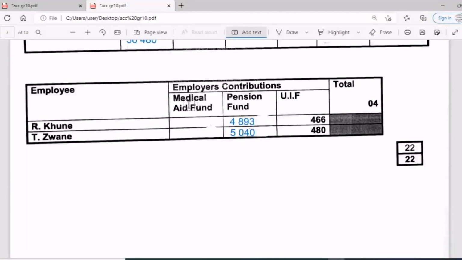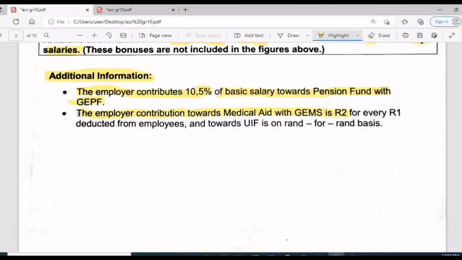Now we're gonna calculate the medical aid fund. Read these parts. The employer contribution towards medical aid with the Government Employees Medical Scheme is R2 for every R1 deducted. So the ratio here is 2:1.